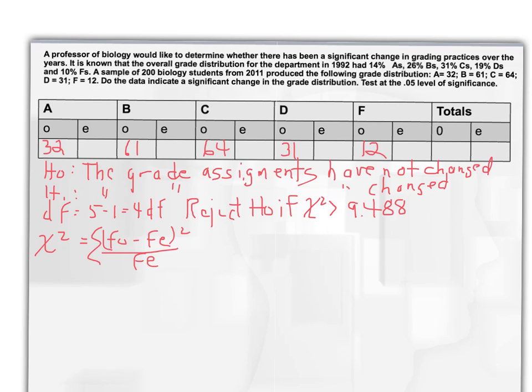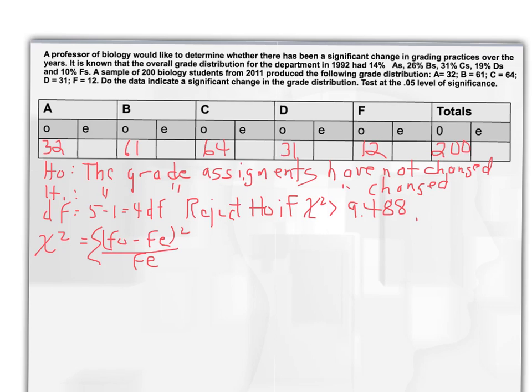We said that they're not going to be the same because we have data from the past that indicates that about 14% of people get A's. Well, how many people were in this sample? There were 200. And if there are 200 people in this group of biology students, in the past, 14% got grades of A, so we would expect the same for the current class.